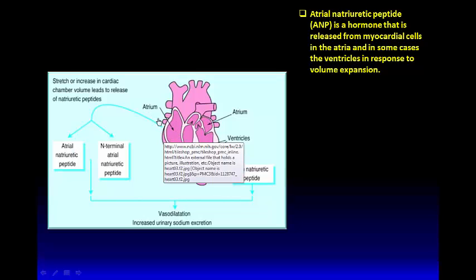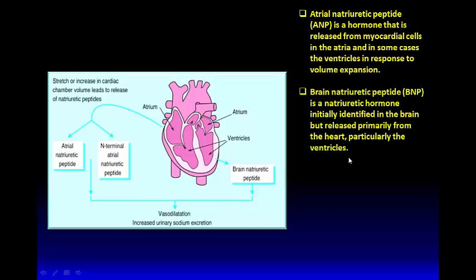Atrial natriuretic peptide is a hormone which is released from the myocardial cells in the atria, and in some cases also the myocardial cells of the ventricles, in response to volume expansion. Brain natriuretic peptide is a natriuretic hormone initially discovered in the brain but released primarily from the ventricular myocytes.